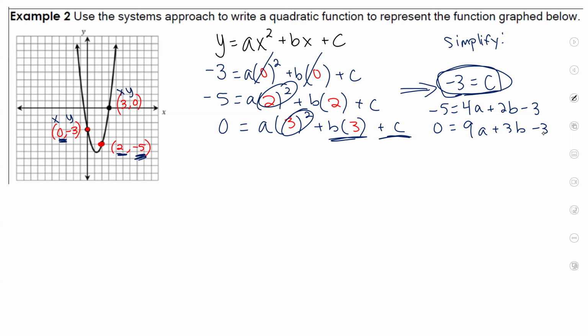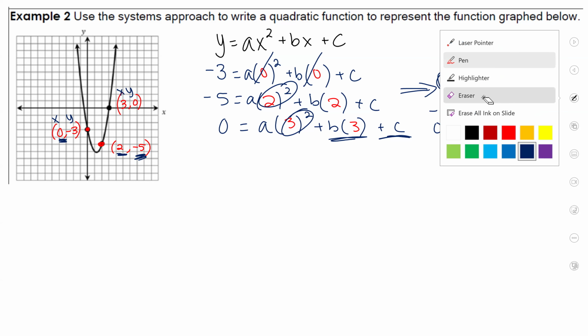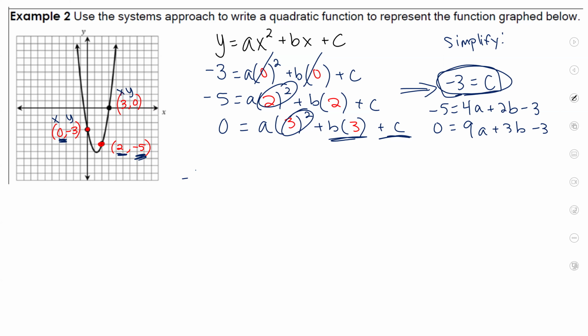Actually, how about we move left to right? So I'm going to come down here. I get negative 5 equals 4a plus 2b minus 3. What can I do?